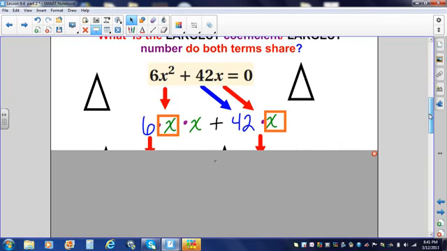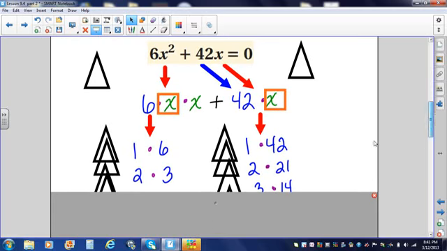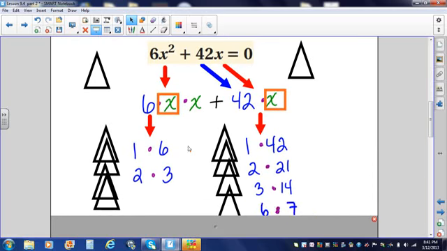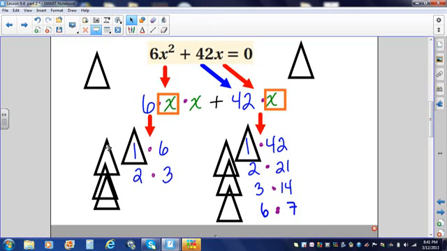So this is where we were at. We can make 6 by doing 1 times 6 and 2 times 3. We can make 42 by saying 1 times 42, 2 times 21, 3 times 14, and 6 times 7. So I'm looking for what they share. They both have a 1. They both have a 2.